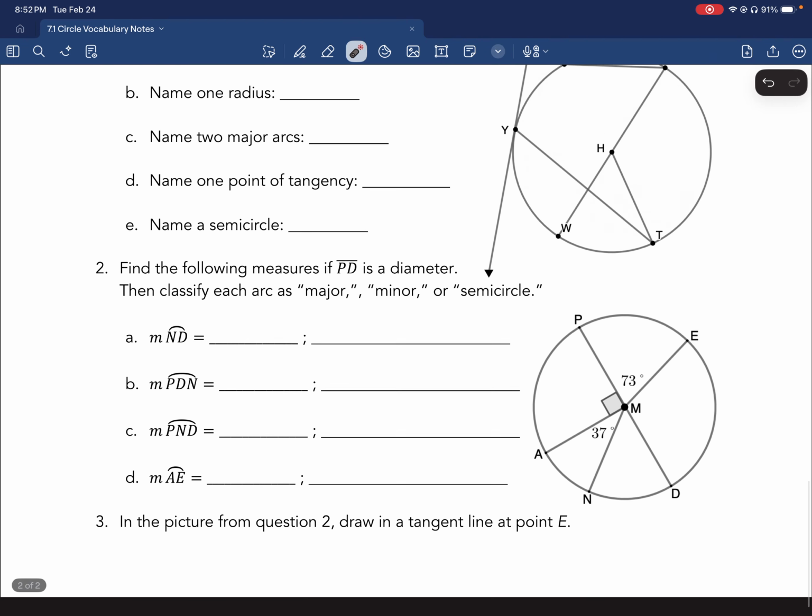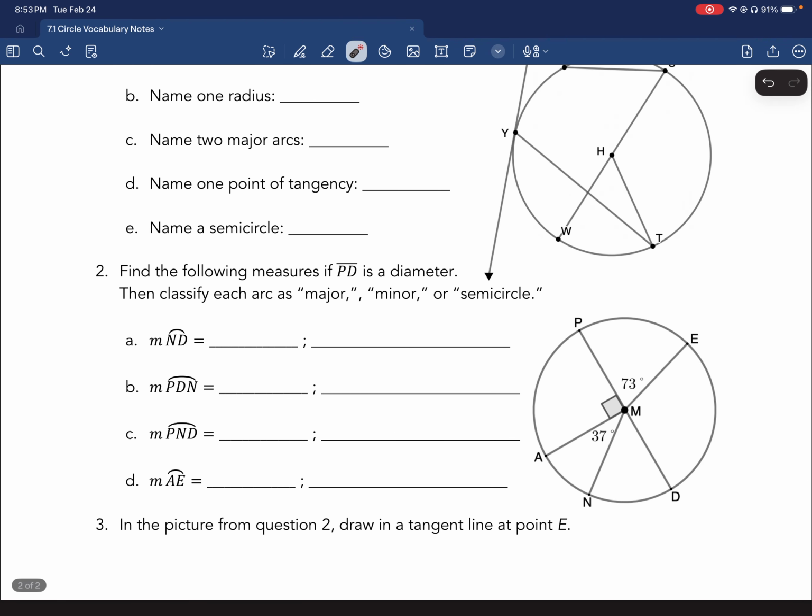Okay. And then this here, we're going to assume that PD is the diameter because that's what it says to do. You need to find all of these arcs, what their value is, and then you need to tell me whether that's a major, minor, or semicircle. Okay?